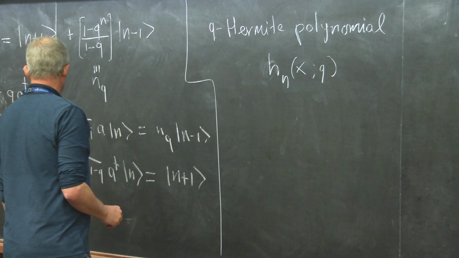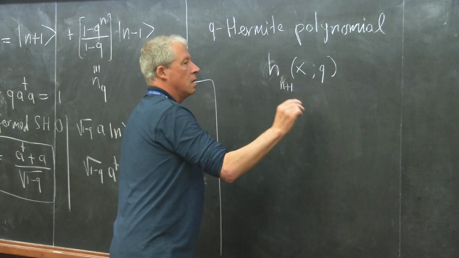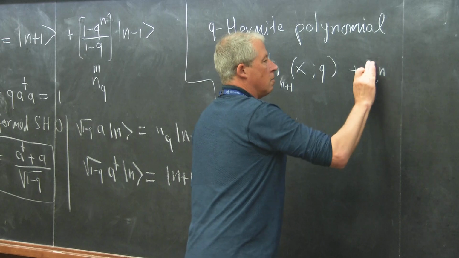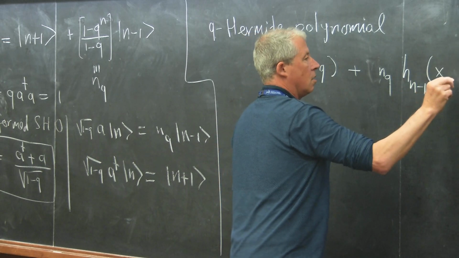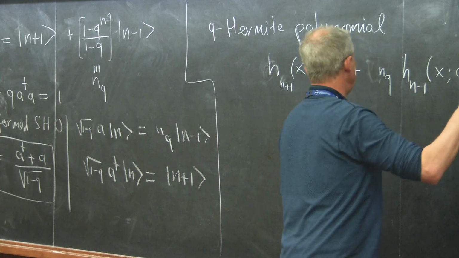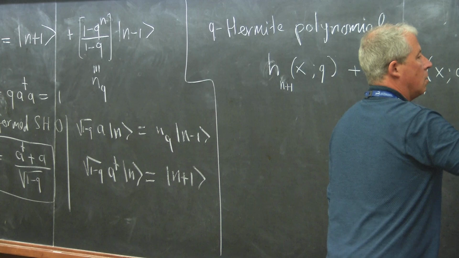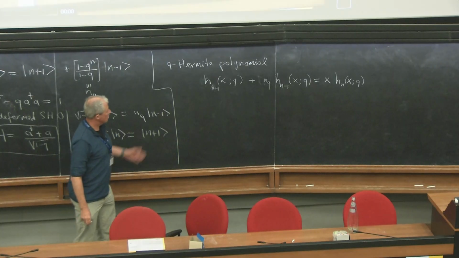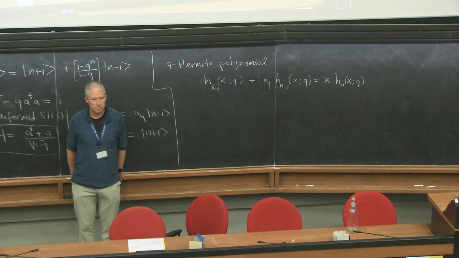And the relation that they satisfy is that they satisfy a recursion relation like so. And indeed, again, if you take the q to 1 limit, this turns out to be the ordinary Hermite polynomials.